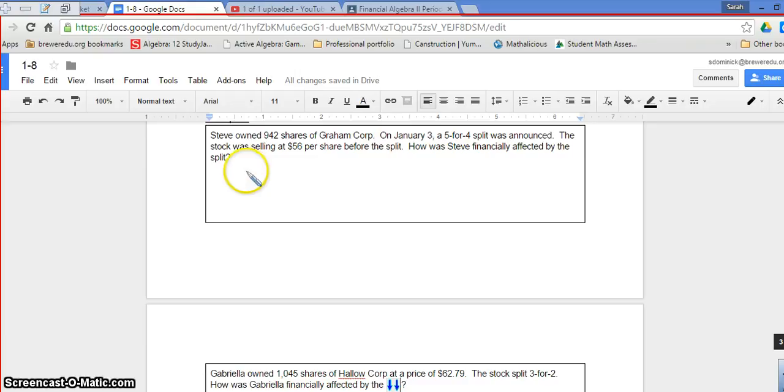So let's do money first, just like we did above. And then we'll figure out shares.